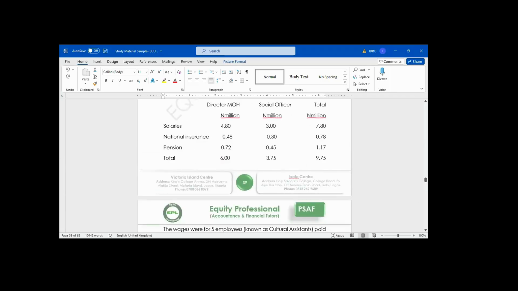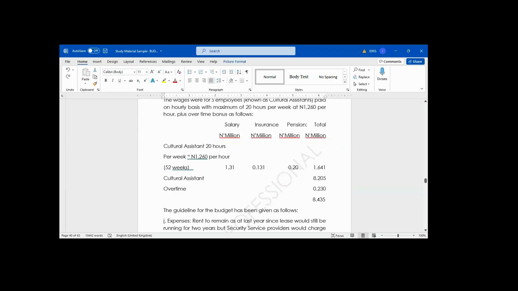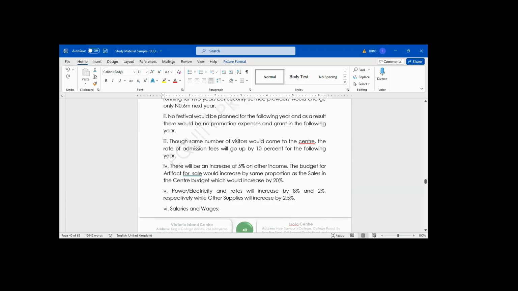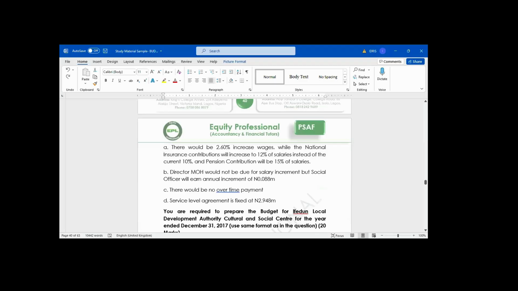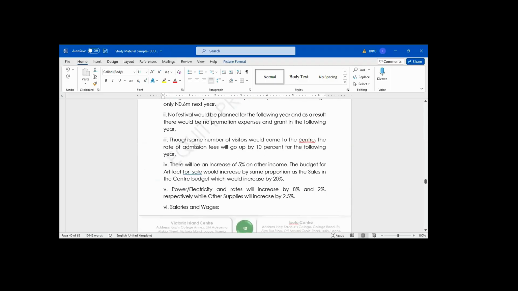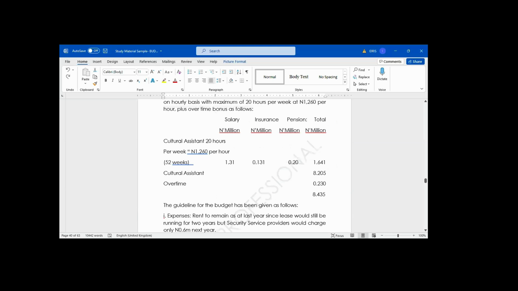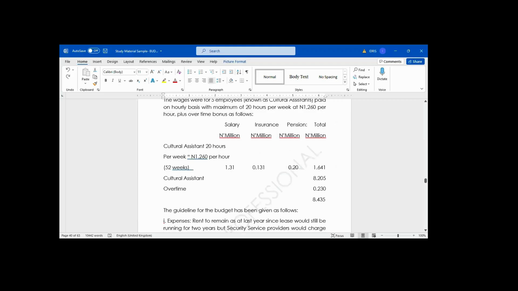What is the note on grant? Note 2. Help us read.